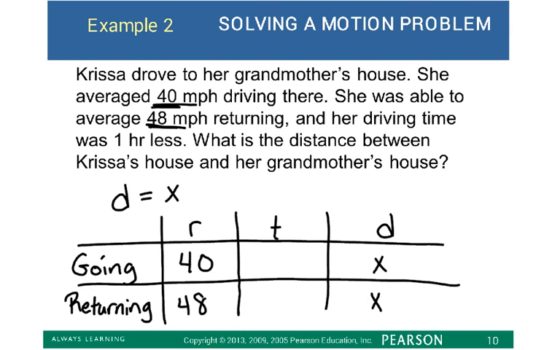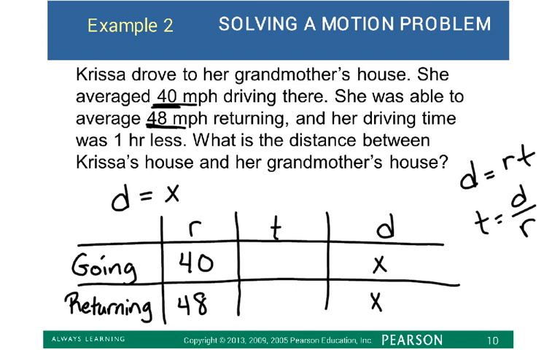And using the different forms of the distance formula, distance equals rate times time, we can figure out what t is here. T is equal to d over r.